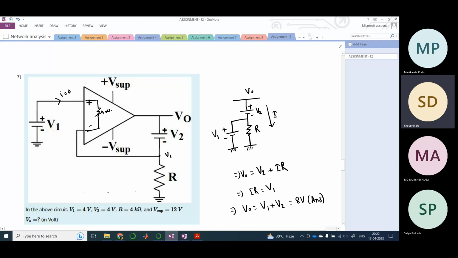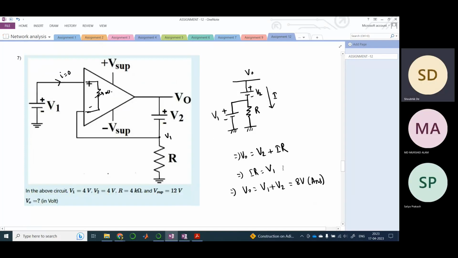So very similar to the previous problem. If you have understood the previous problem, this would be very easy. Still, if you have any doubt, please ask. And again, please take note of this fact: VCC is plus 12 volts and V0 is less than the supply. Therefore, the op amp is in the linear region.